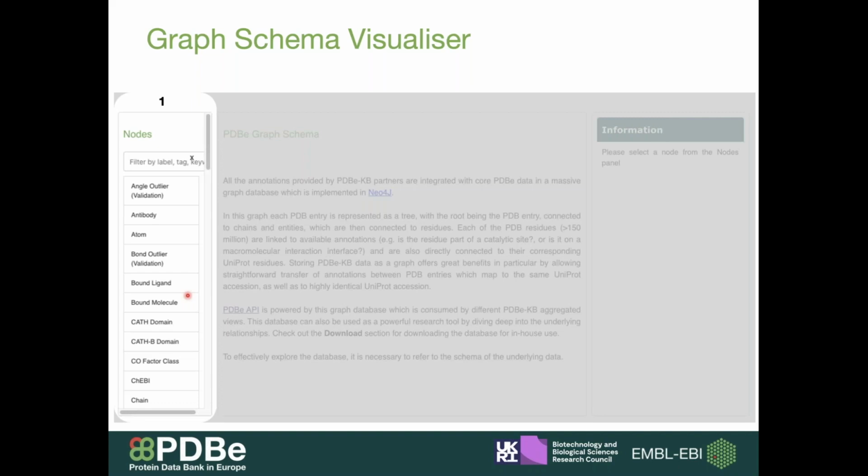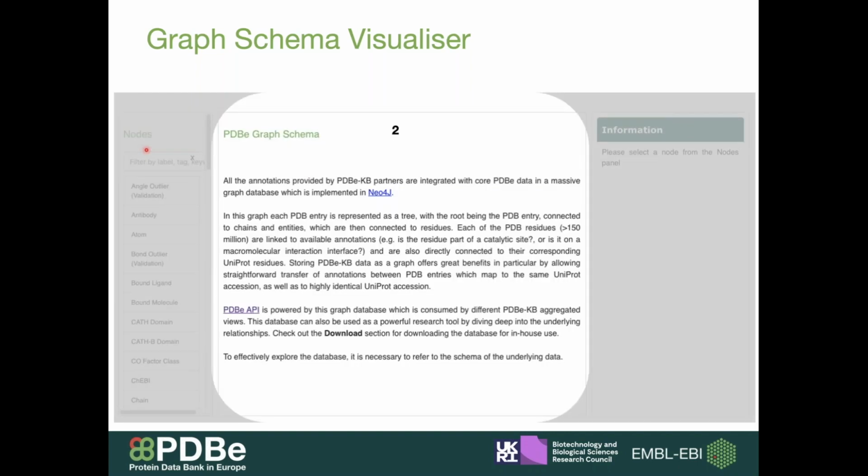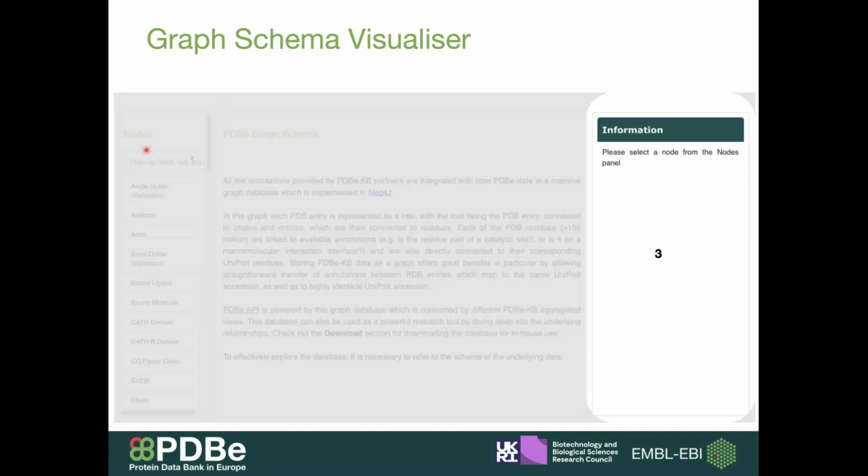So there is a filtering text field which helps in searching for the information the user is looking for. The second section is the middle section, which is the visualization component. And the third section is on the right, which is basically the information box. It gives the text description of the item which is selected in the graph.